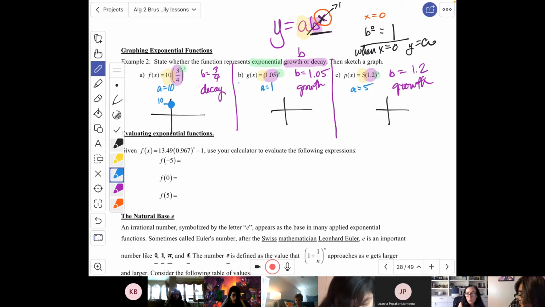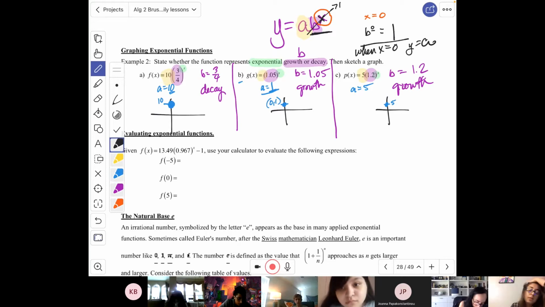Can anybody tell me what the y-intercept would be? (0, 1), right? We cross at 1. We cross at 10 in the first. Where do you think I'm going to cross the y-axis in the last example? What is that y value going to be? (0, 5). Excellent.